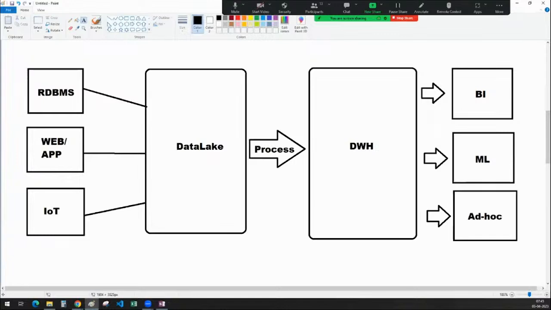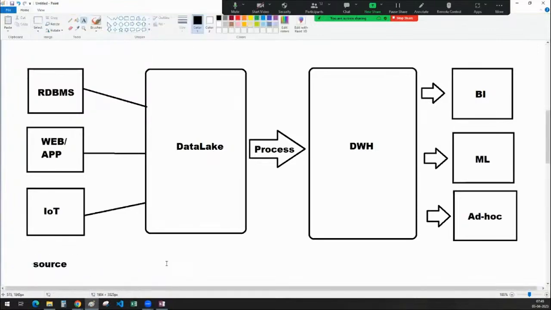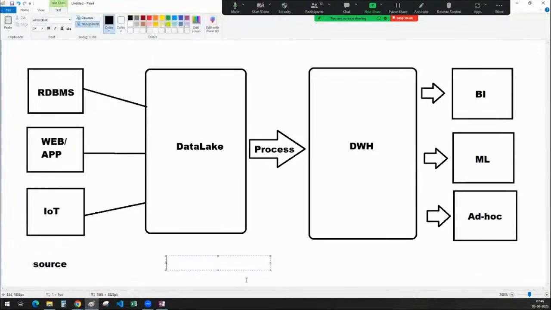Okay, so this is what a typical architecture of a data world is, guys. In data engineering, what we will do at a high level, if I want you to understand, this is what we do, guys. So we will be working on an ingestion process. Here it is a source, guys. You can think this is a source. Okay, from source to the staging or a data lake.